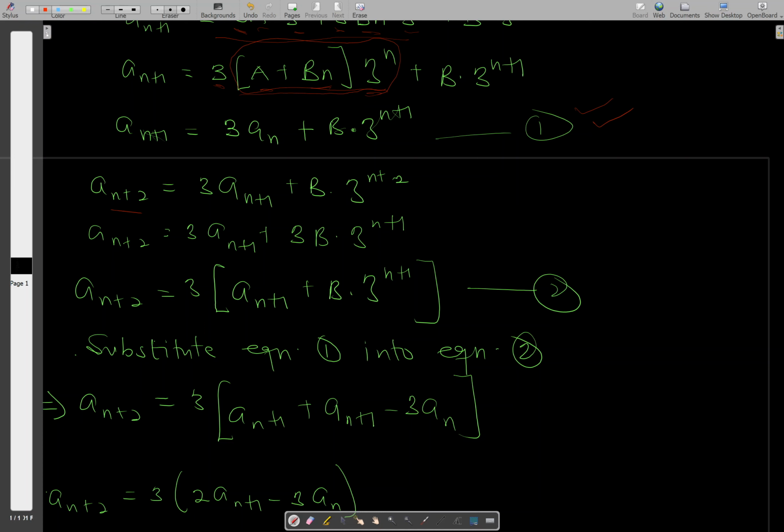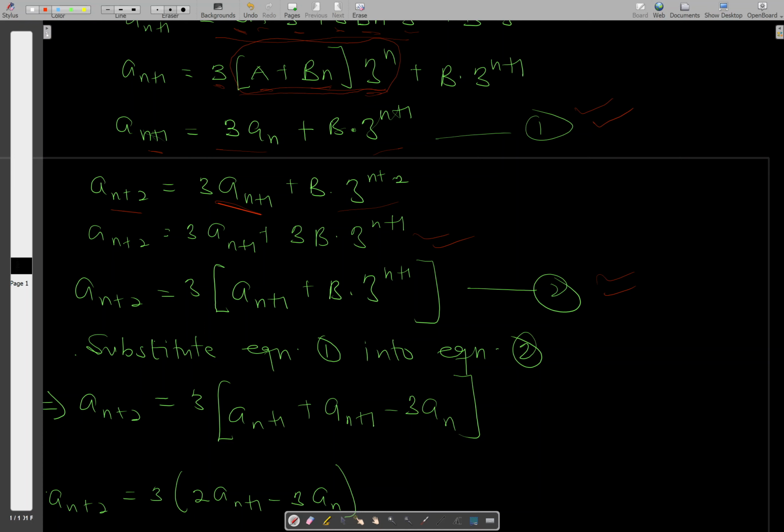So when you do that, the right hand side will be a subscript n+2, and 3 times a subscript n will be 3 times a subscript n+1, plus b times 3 superscript n+1 will be b times 3 superscript n+2. You see, this can also be written as this. And when we factorize 3 out, we obtain equation 2.